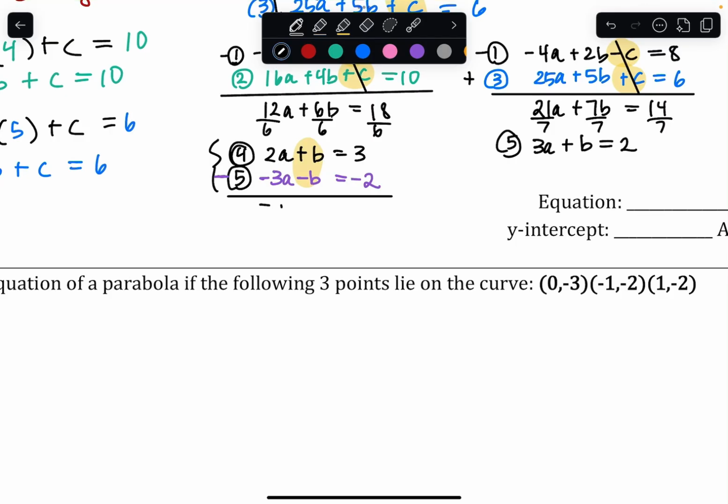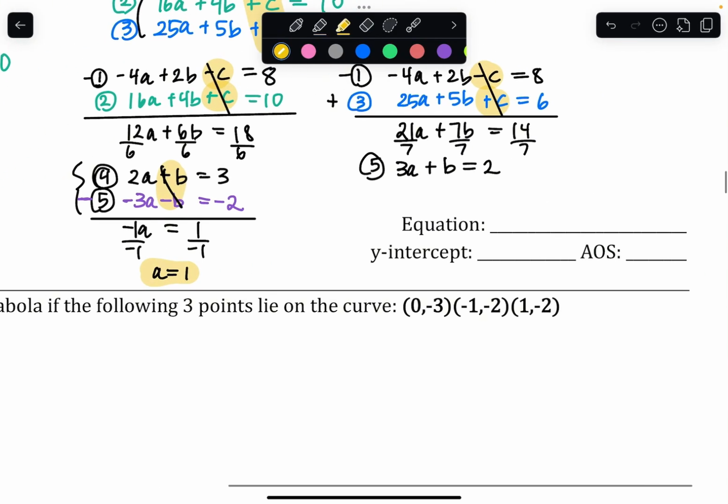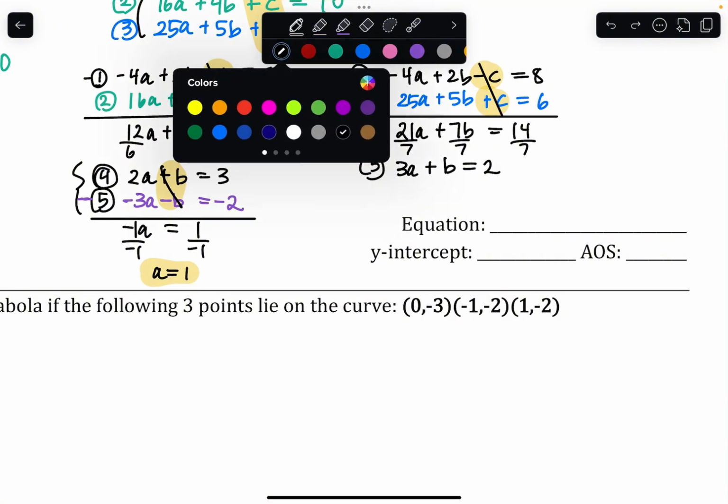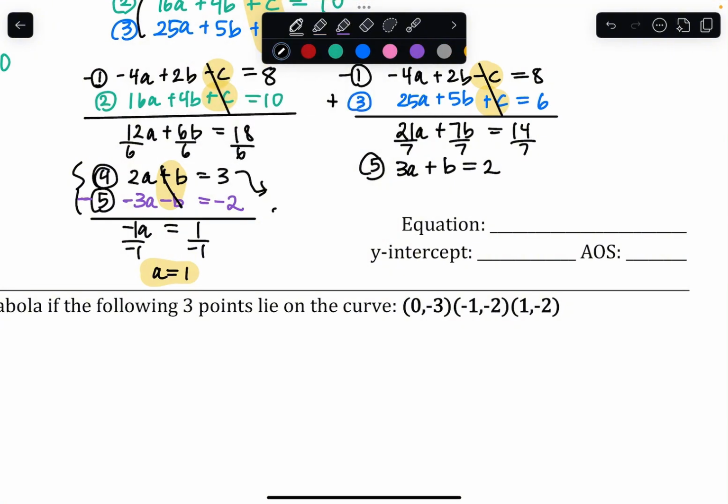So I get negative 1a, b's cancel, equals 1, and so a equals negative 1. From there I can use equation 4, 2a plus b equals 3, which means negative 2 plus b equals 3, or rather, 2 plus b equals 3. Then subtract 2 from both sides, and we get b equals 1.